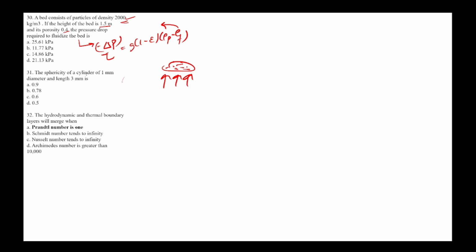Next, the sphericity of a cylinder of 1 mm diameter and length 3 mm is 0.78. I told you earlier when we were solving the 1991 question, there is a question of sphericity where length equal to diameter. I told you to remember length equal to diameter, length equal to 2 times diameter, length equal to 3 times diameter, length equal to 4 times diameter.